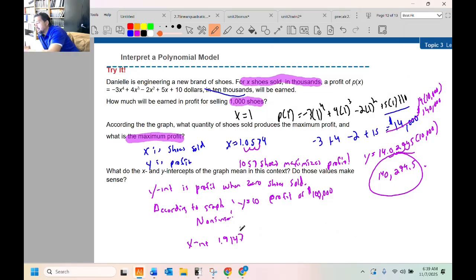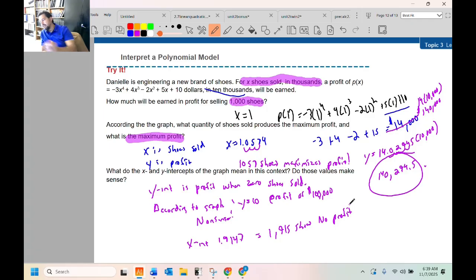Which means that, and it probably does make sense, that would be what, 1,900, and we'll say 15 shoes. There's no profit. And that's probably reasonable because what's happened is you've probably made too many shoes and you have to discount the price.